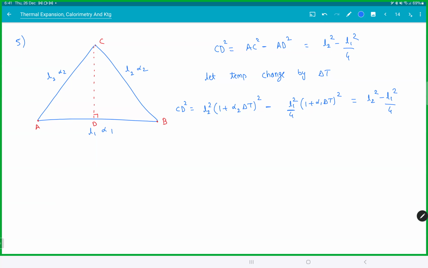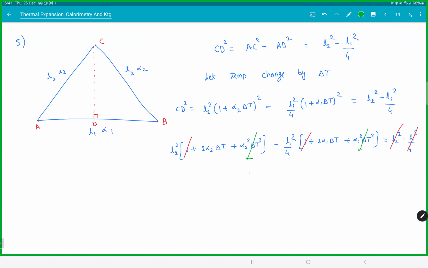Now, when I expand this, you will observe L2 square into (1 plus 2 alpha 2 delta T plus alpha 2 square delta T square) minus L1 square by 4 into (1 plus 2 alpha 1 delta T plus alpha 1 square delta T square) is L2 square minus L1 square by 4. Now you can clearly see here, this will cancel with this.